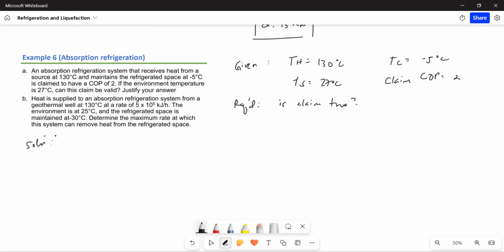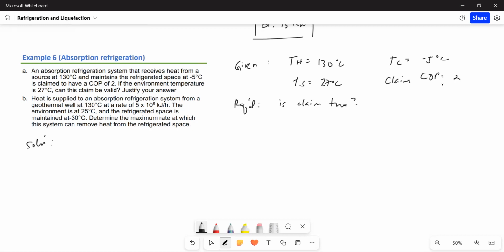Solution. We can do this by calculating the COP of a completely reversible absorption refrigeration and comparing it with the claimed COP, because the reversible absorption refrigeration will give us the highest COP possible.